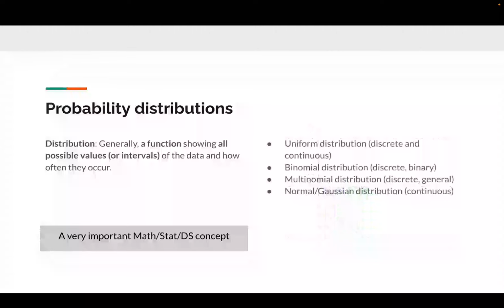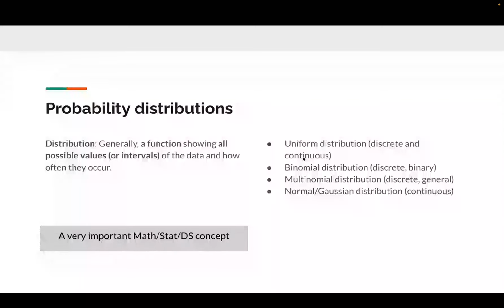There are a lot of different probability distributions that you will be dealing with in the coming days, and here we won't be covering all, but a few very important distributions. The first one is the uniform distribution, and you will have one uniform distribution for the discrete case, and the same for the continuous variable case. And then we will cover another binary distribution that is called the binomial distribution.